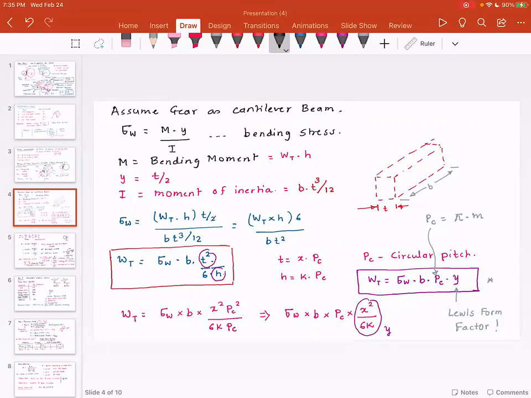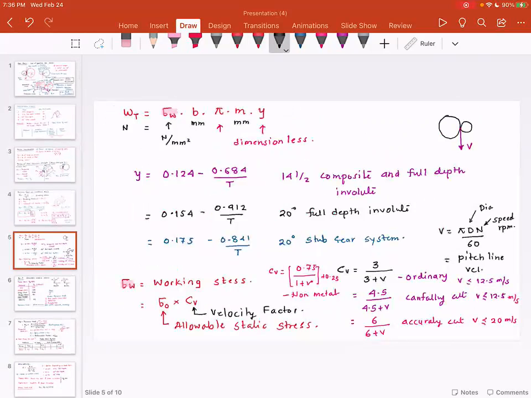But this equation uses sigma W, and where is this sigma W coming from? Sigma W is nothing but sigma O, the allowable static stress, multiplied by the velocity factor.